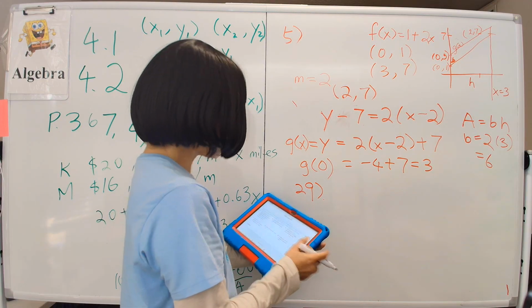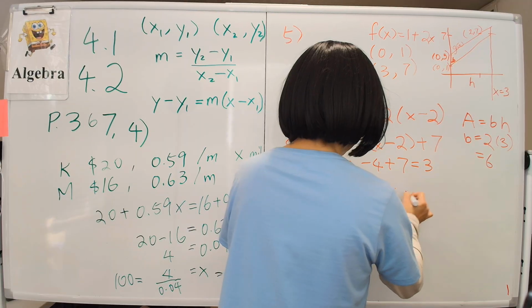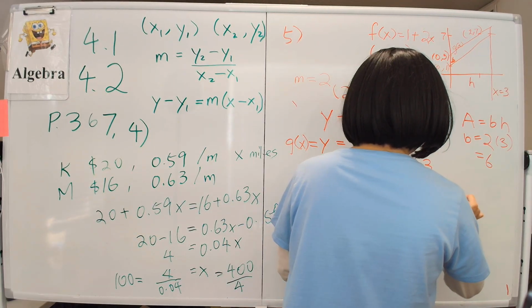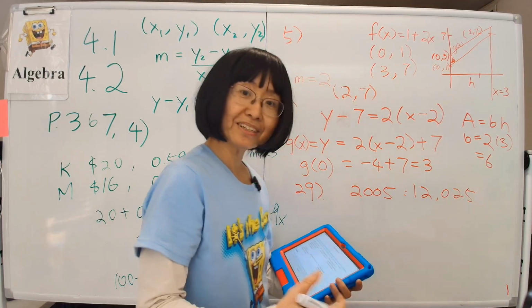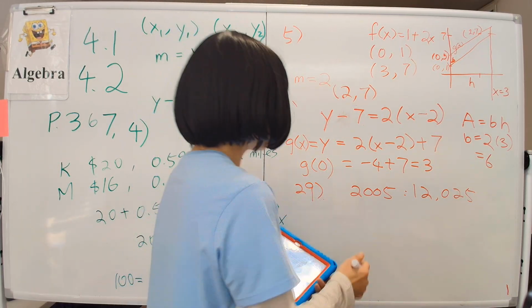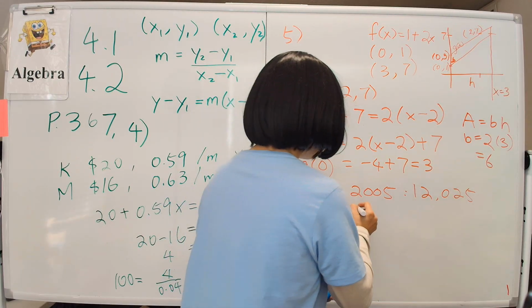So in 2005, we have a certain number of people who have codes: 12025. Never mind how they know that. And then the decrease rate is 205 per year.